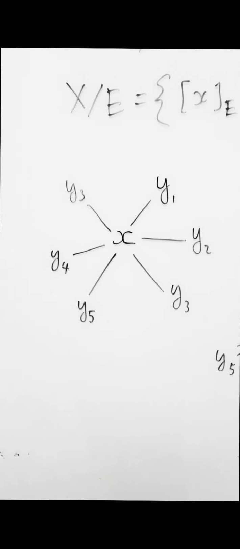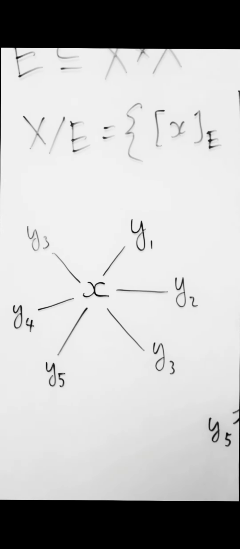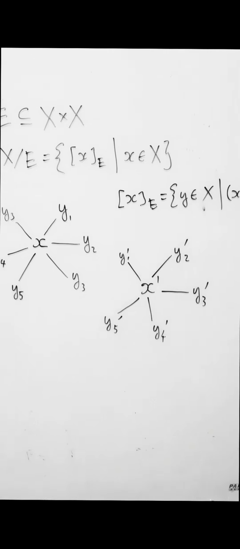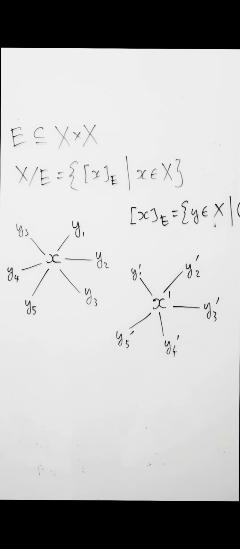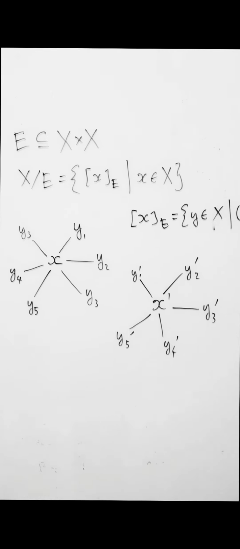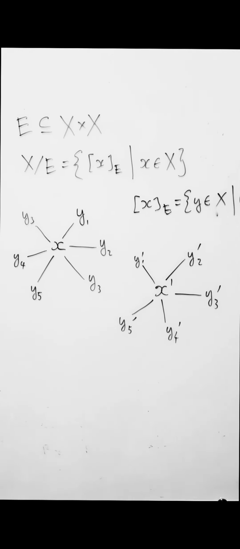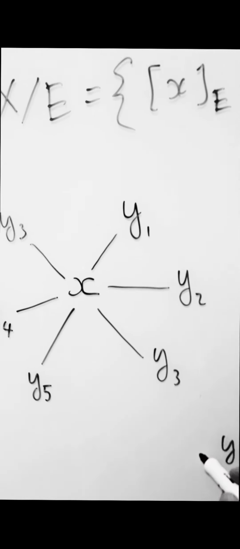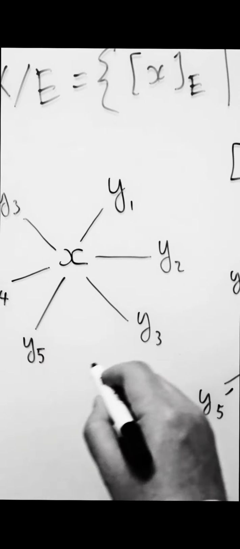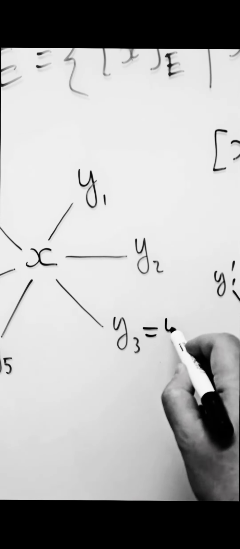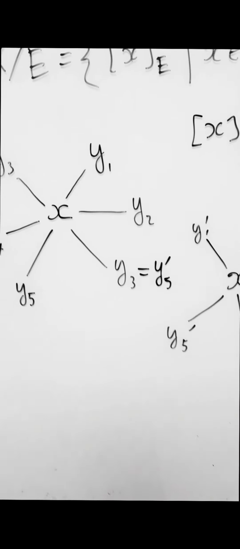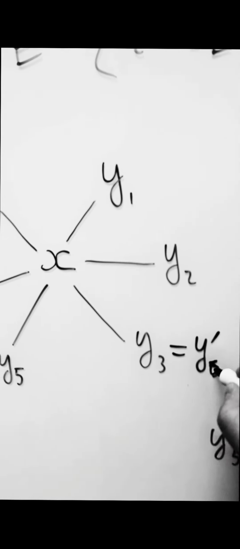Now, if we ask ourselves, why is it so that the two stars cannot overlap unless they're the same star? Let's investigate what happens if they do overlap, so they have a common element. That would mean that one of the y's from the left side is also one of the y's from the right side. Let's say y3 equals y6 prime.